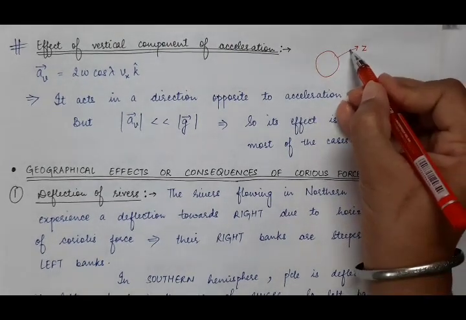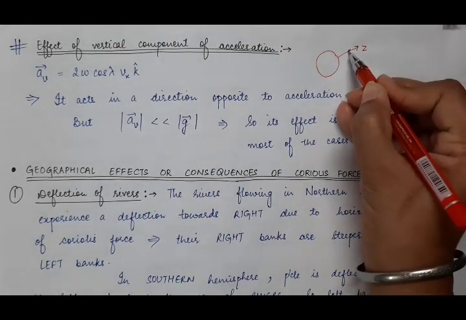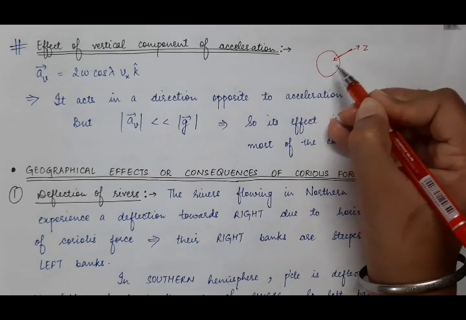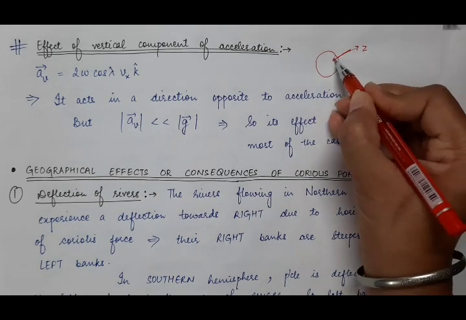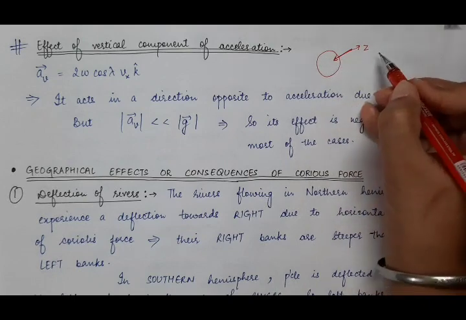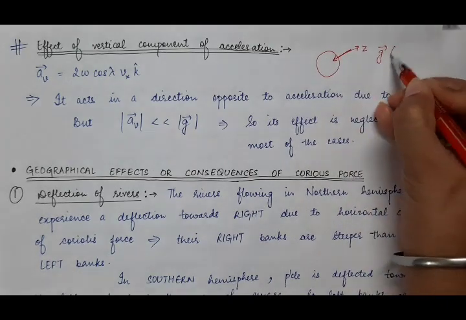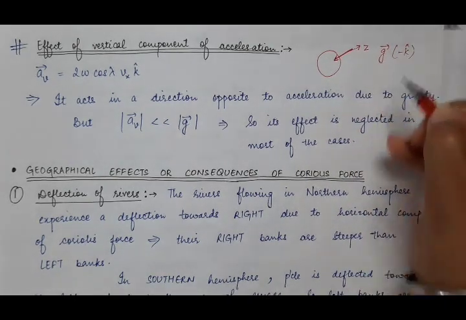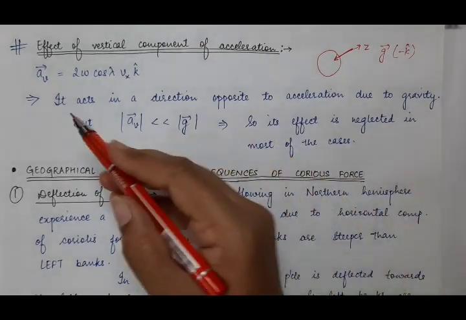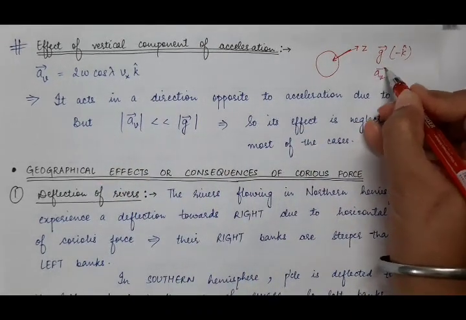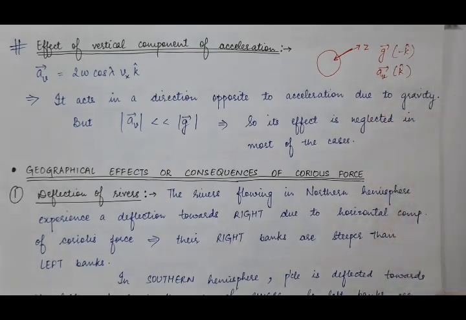Any body falling from this point towards the center of the earth is attracted by the earth towards its center. It means g acts along the negative z-axis, and the vertical component of acceleration acts along the positive z-axis.